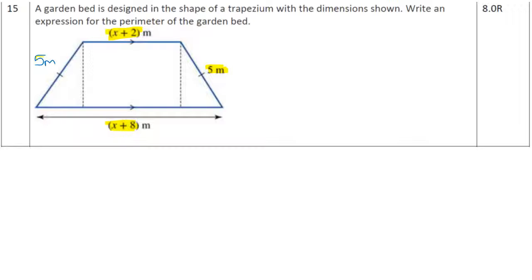So really all I was looking for was the fact that P is going to be x plus 2 is one side, plus, I'll put that in brackets, x plus 8 plus 5 plus 5.